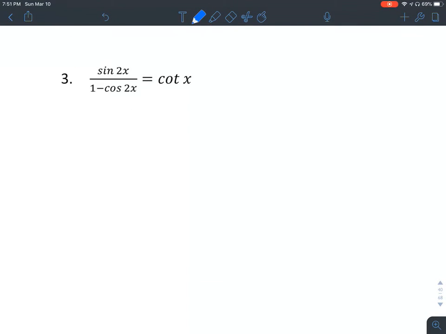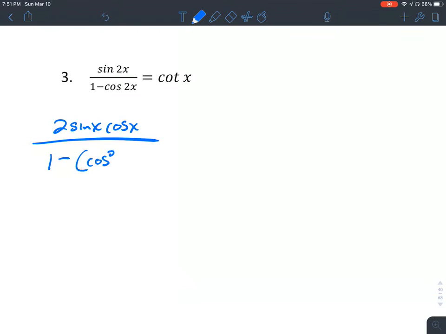Number 3, verify this is an identity. I work with the most complicated side, which is the left. I have double angle identities on the top and bottom. I'm going to change sine of 2x into 2 sine of x, cosine of x. I'm going to change cosine of 2x into cosine squared of x minus sine squared of x.